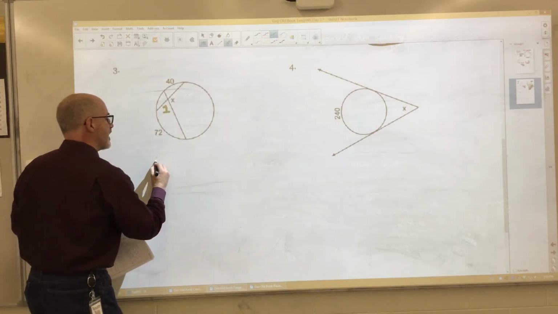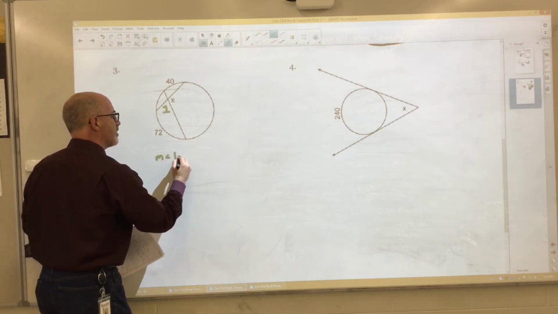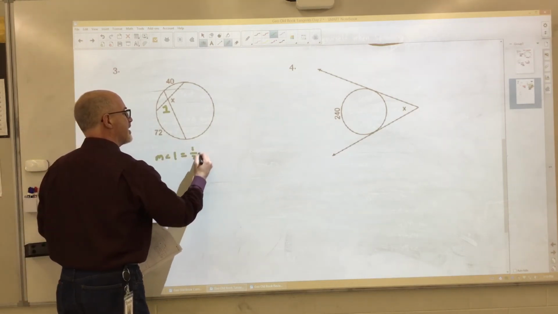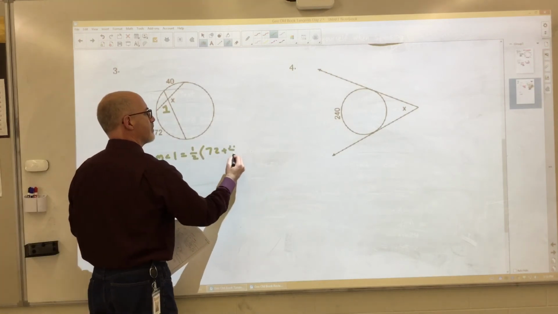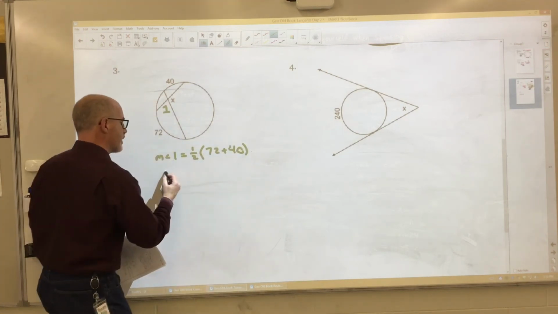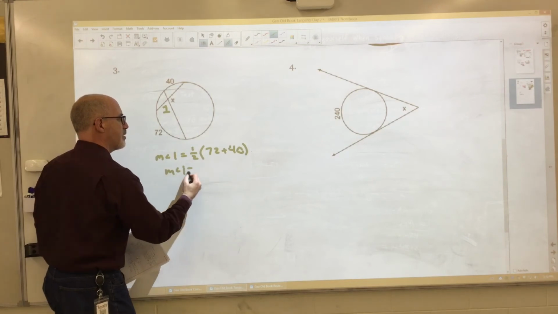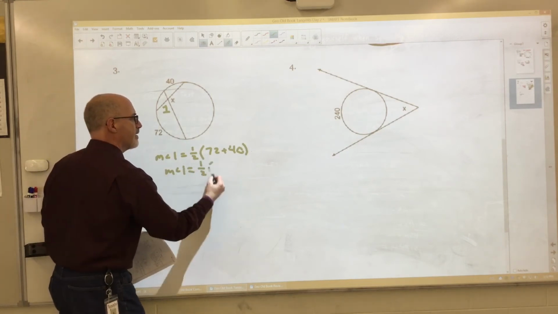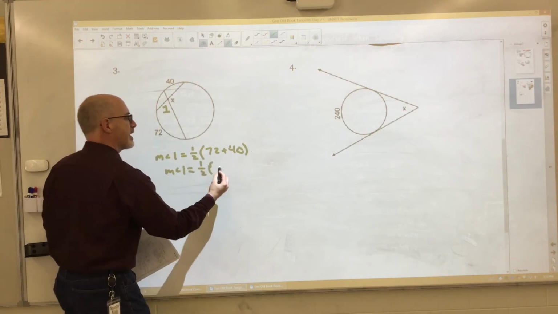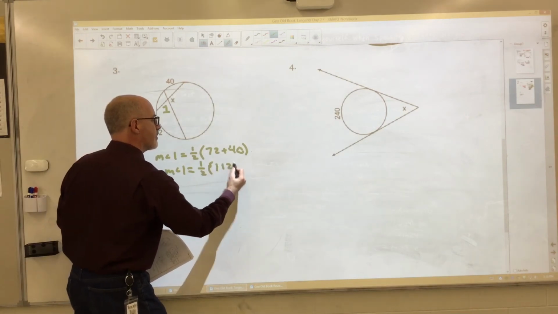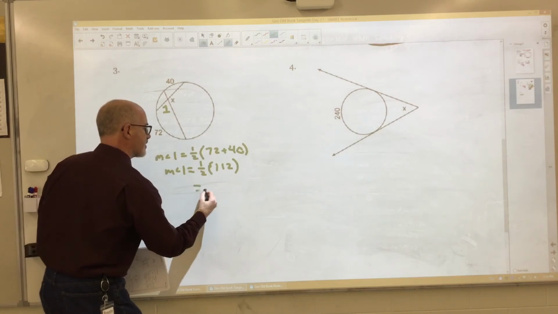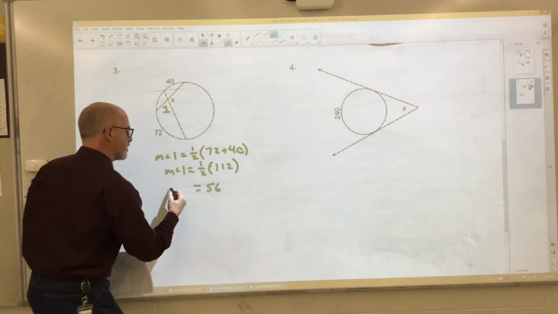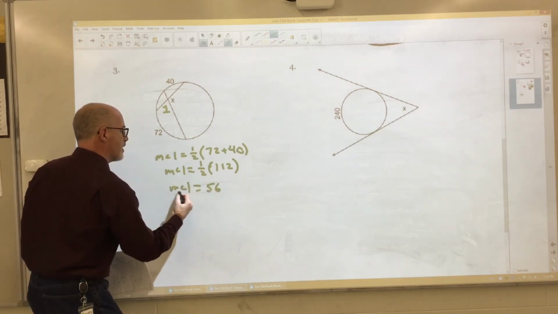So the measure of angle 1 is equal to half the sum of the two arcs, 72 plus 40. So I get the measure of angle 1 equals half of 72 plus 40, that gives me 112. When I take half of that, I get 56. Now that's the measure of angle 1.